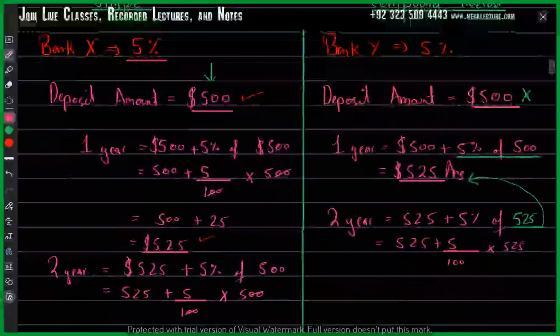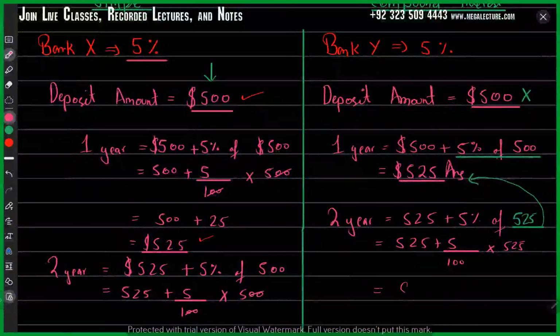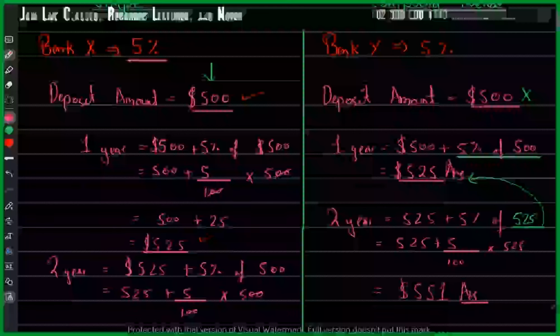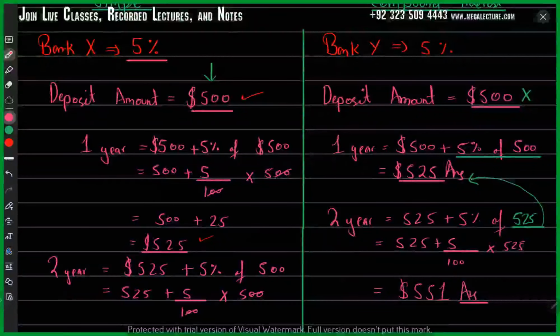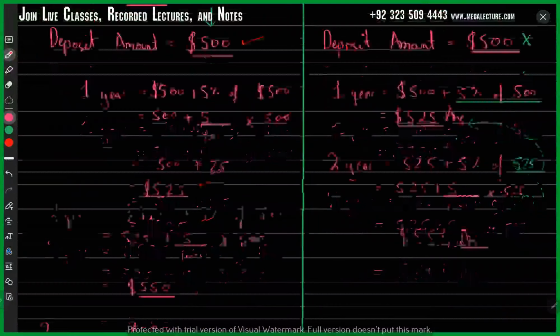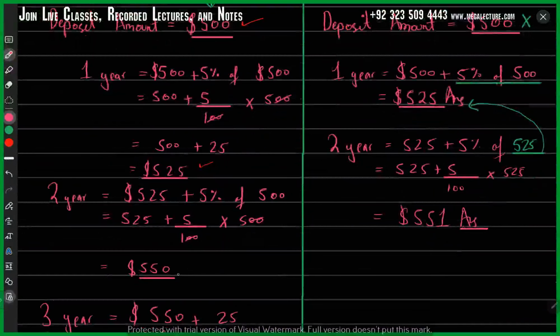Umaiza, please type your question again, I was not able to understand. This is going to be the amount after the second year. Now we can see it was 550 for the second year in case of simple interest, but it is 551.25 in case of compound interest.